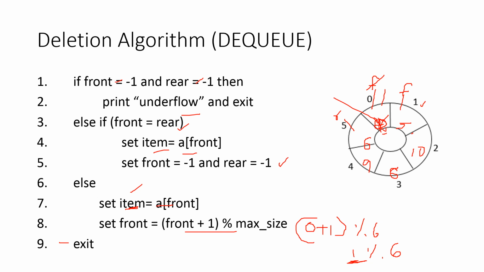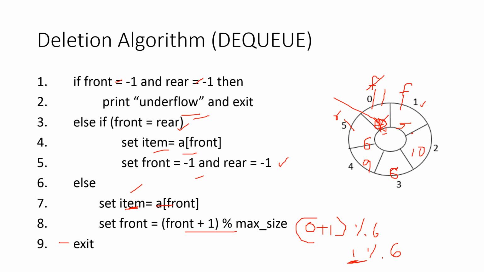Hope it is clear. Once again I will repeat: if front is equal to -1 and rear is equal to -1, that is, the circular queue is empty, then print underflow. If only one value is there, you are removing that value and then the queue will become empty, right? So it should be changed to -1.